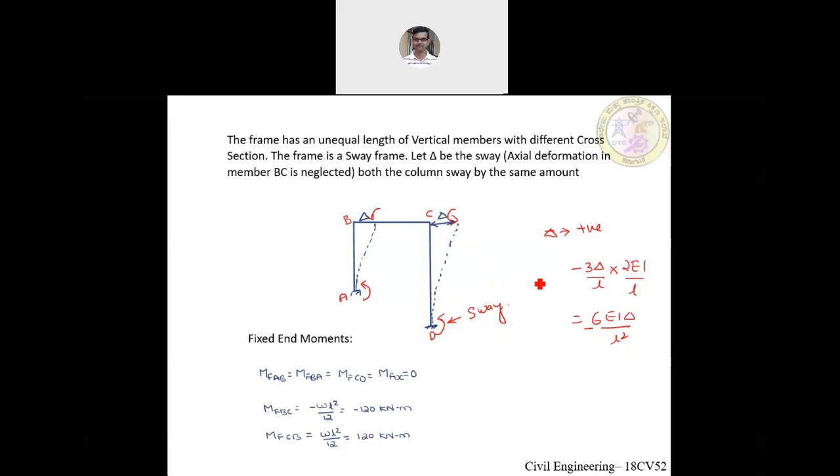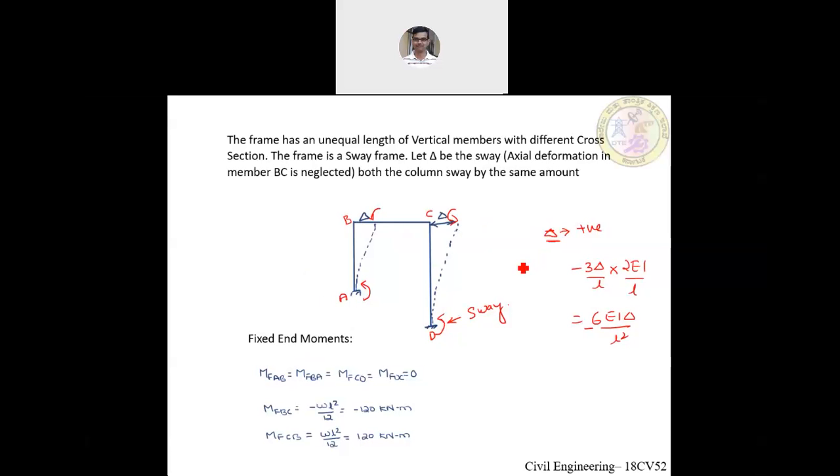These are the moments which are generated because of the sway by an amount delta. Here the delta is also an unknown parameter which needs to be calculated at a later stage.